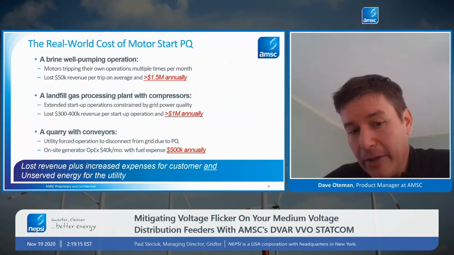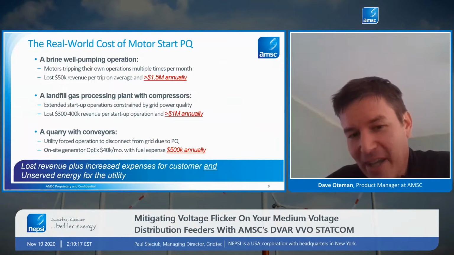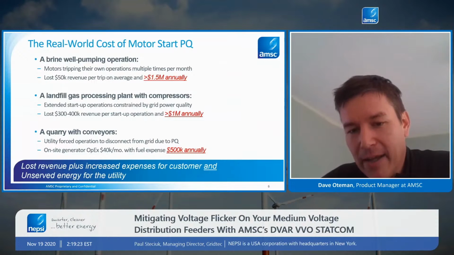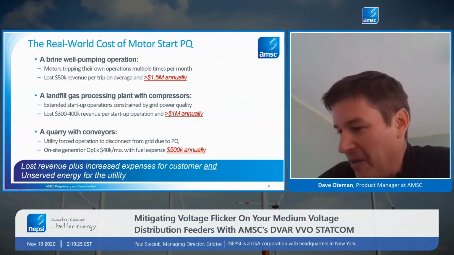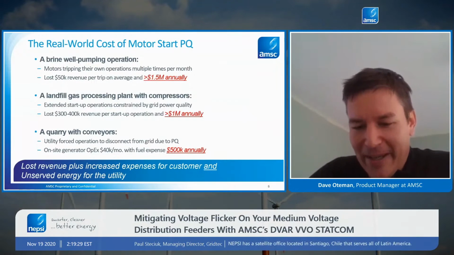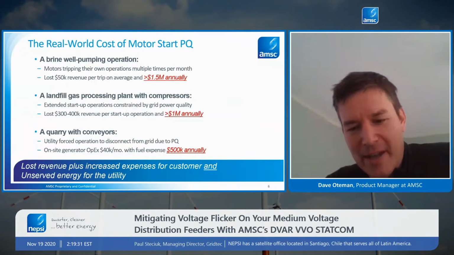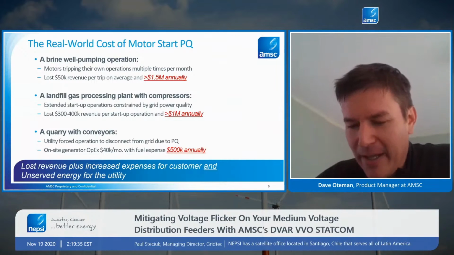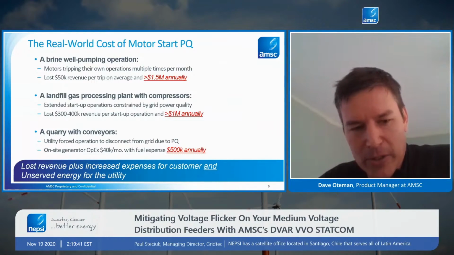The cost of renting that diesel genset, managing the fuel, and dealing with the O&M added about $500,000 annually. So this is a real-world problem that does have a cost. It's often hard to capture that cost up front, and these become latent issues that need an easy solution.